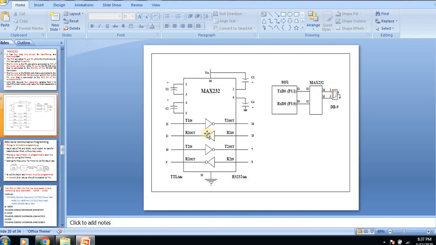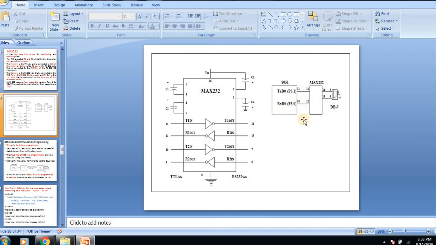Similarly, if we consider receive in, this is on the RS-232 side, so this pin 13 is connected to the DB9 connector, and receive out is connected to RxD of the 8051.